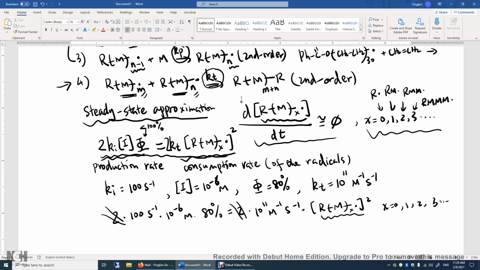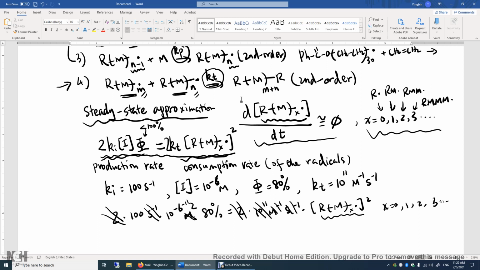I think you just need to divide this unit with this unit, and this molar becomes, actually this is molar to the power of 2 now. And 10 to the power of 11. We change this to 10 to the power of minus 11 over here.